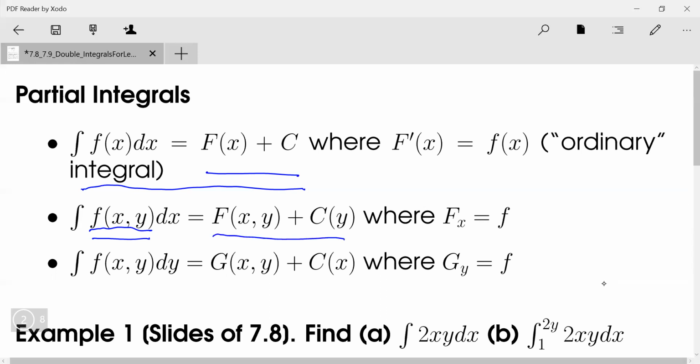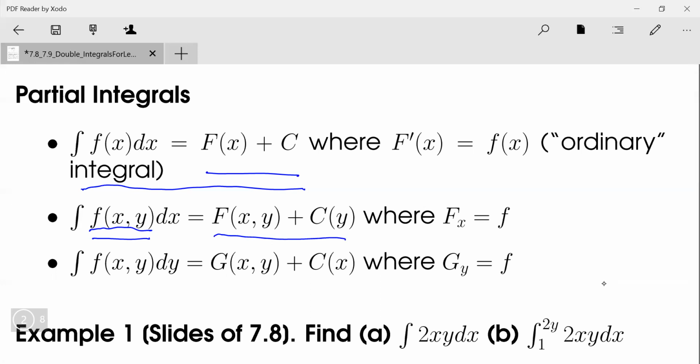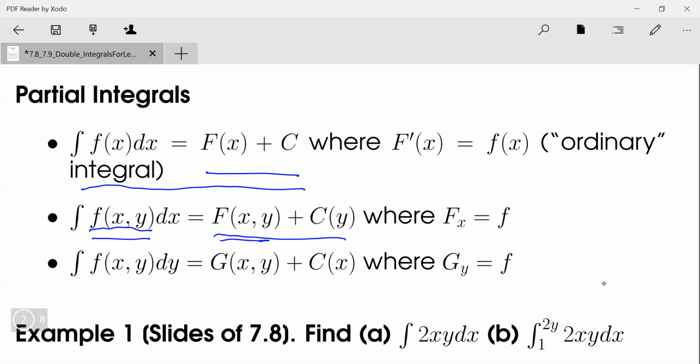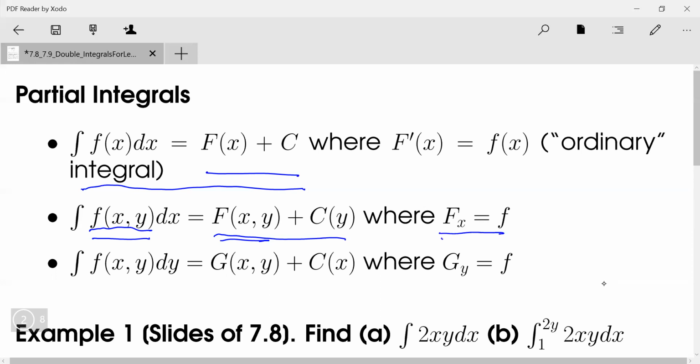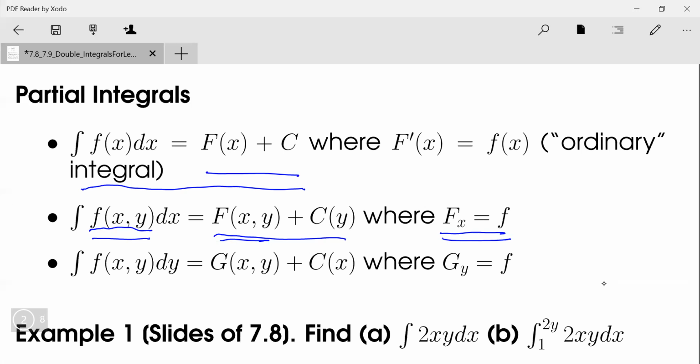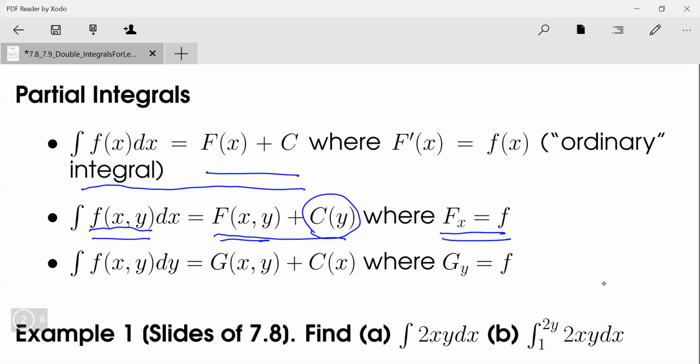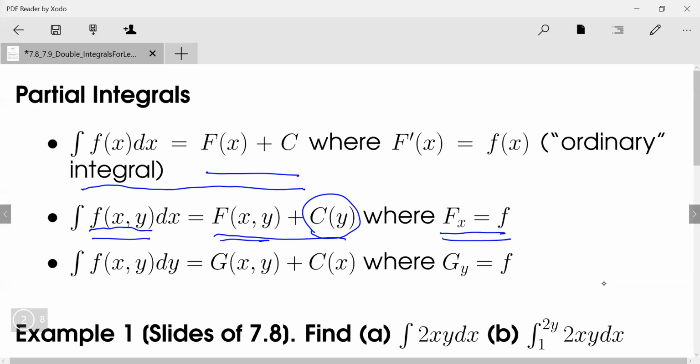It is a partial antiderivative, big F, whose partial derivative is the integrand little f, plus a constant. This constant is a constant with respect to x, so it can still be dependent on y. So we denote it by c of y.